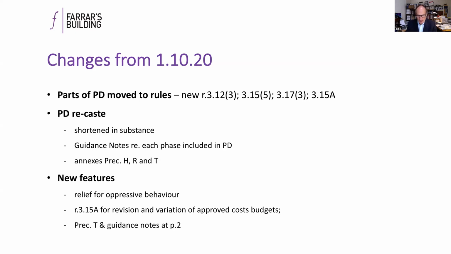To all intents and purposes, the content of those is the same as what was previously in the practice direction, although there are in fact some material changes and new features which I'll come to in a moment. So that has resulted in a recasting of the practice direction, which now makes a bit more logical sense. In terms of its substance, it's now shorter because so many parts of it have been moved to the rules.